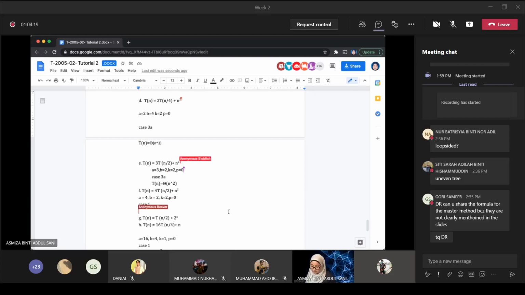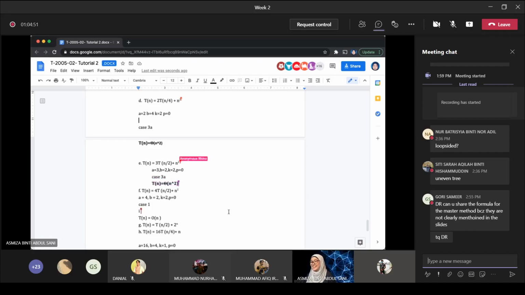So case 1 would be N log A over B, A base B. What is log 4 base 2?